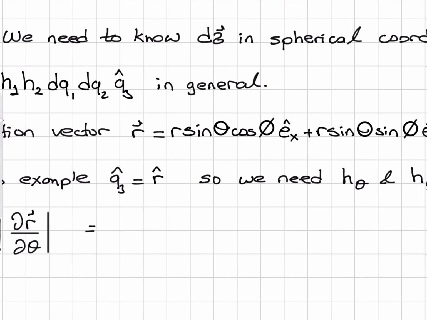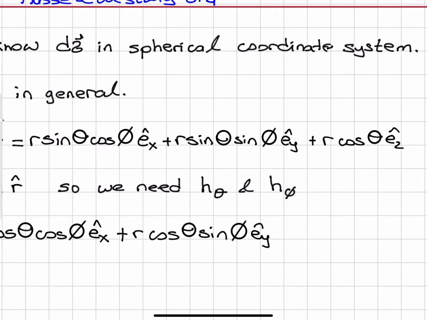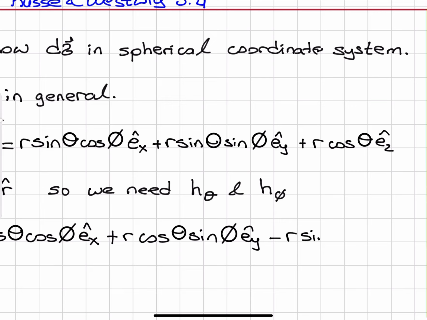So we're taking the magnitude of this vector: r cosine theta cosine phi in the e_x hat direction, plus r cosine theta sine phi in the e_y hat direction, and minus r sine theta in the e_z hat direction.